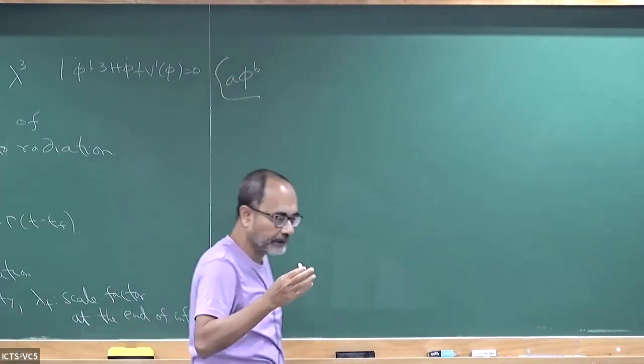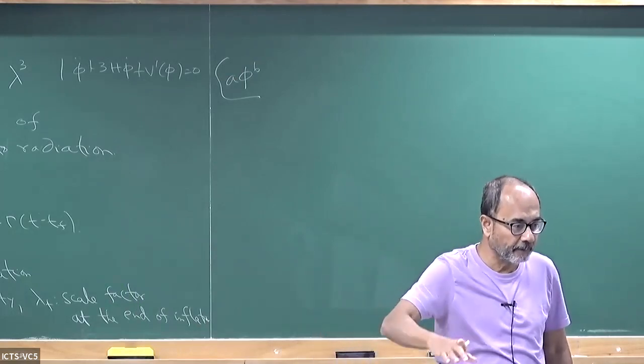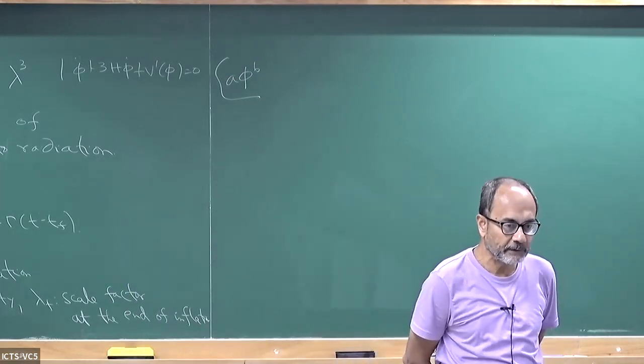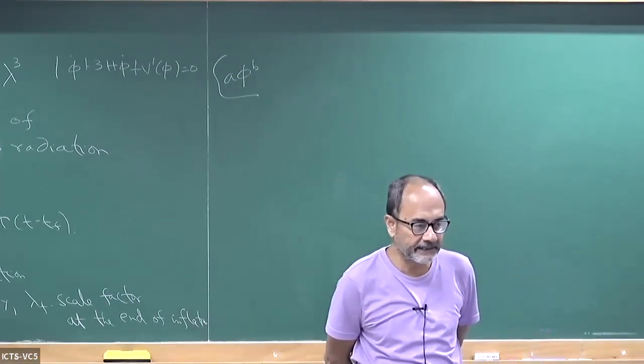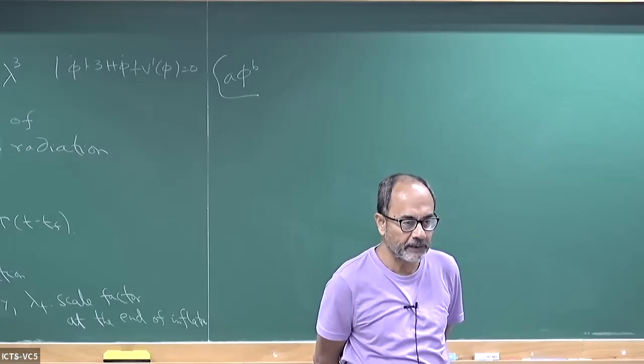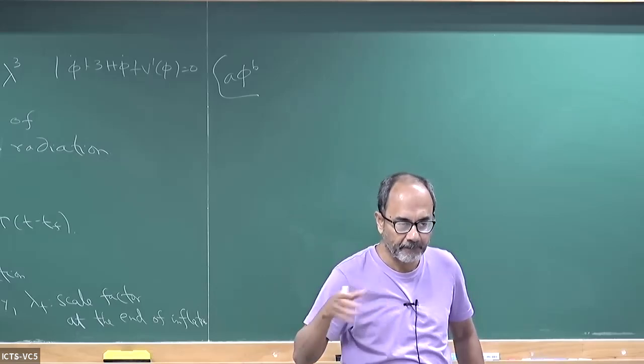For any other potential, when phi reaches the minimum of V of phi, that's when you can count it as your Tf, because roughly that is the time when energy got converted to matter. Phi now starts oscillating around its minimum.